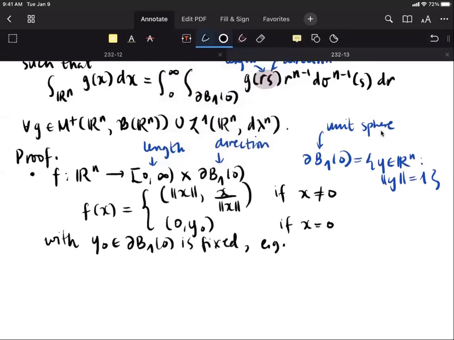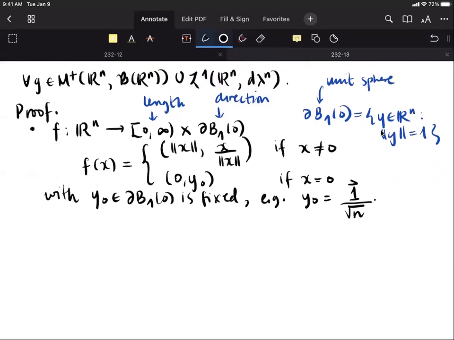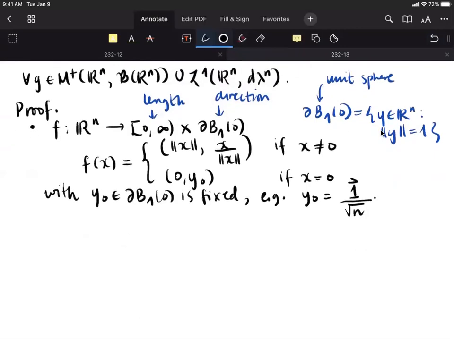For example, you can take y naught to be the vector with all components 1, and you want to normalize this, so you divide by its norm, which is square root of n. This has an inverse, except at the single point.